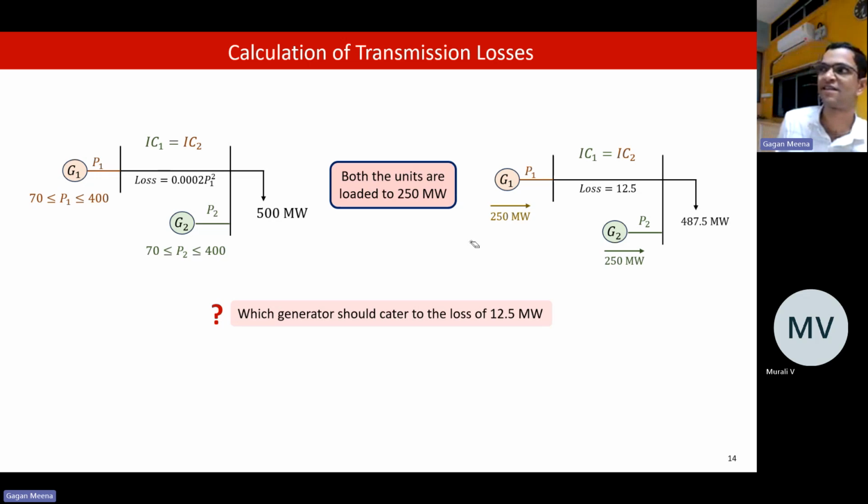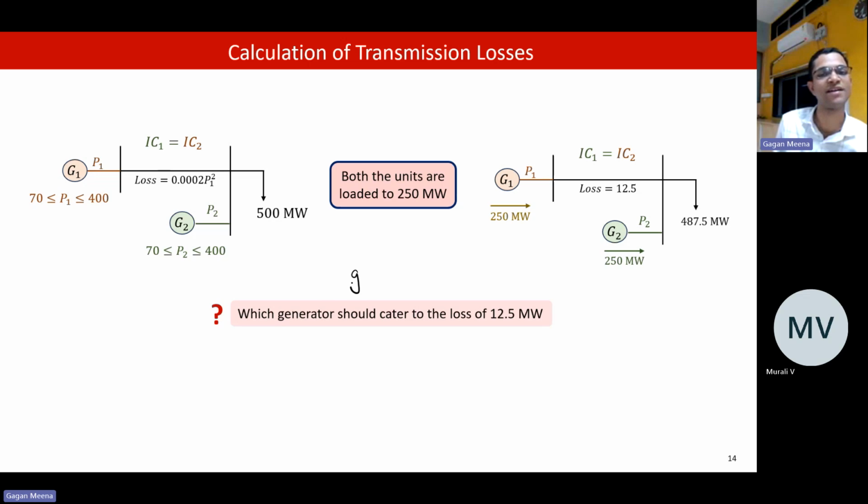So our question is which generator should cater to that loss. That's why the generation will always be more than demand. Plus, the loss has to be taken care of by a generator itself.